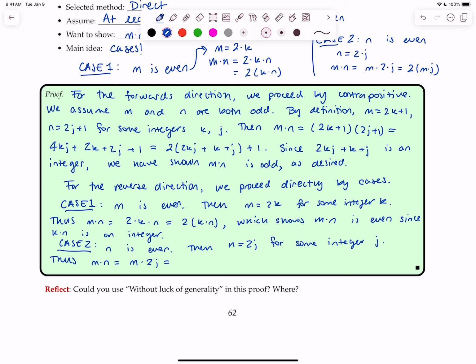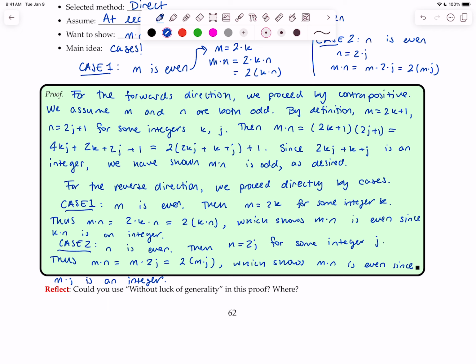So we can rearrange, get 2 times m times j, and you can say which shows that m times n is even since, what do we got? We've got m times j is an integer. Okay, and that's the proof, right? So we did both directions just like we wanted.